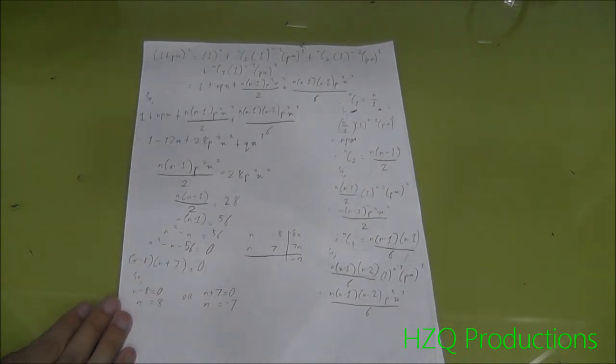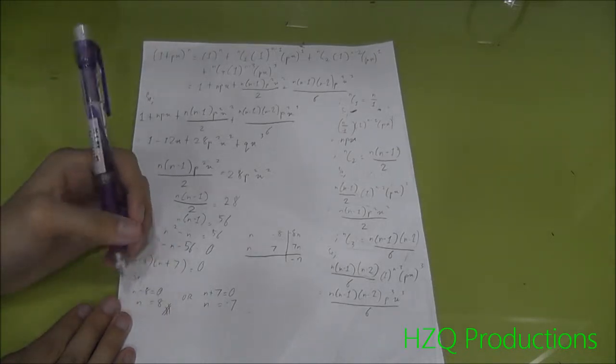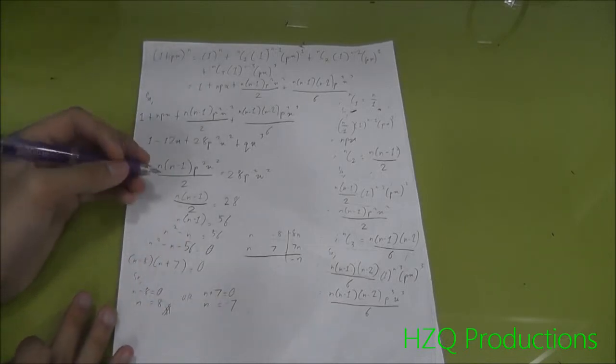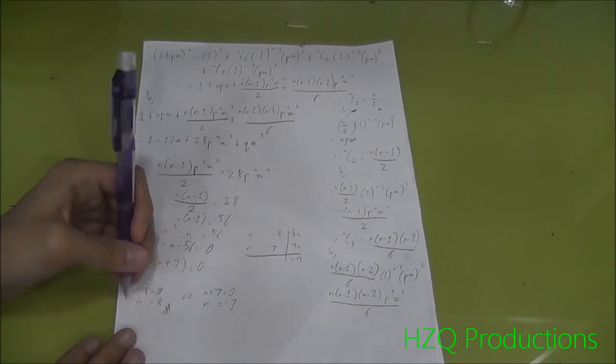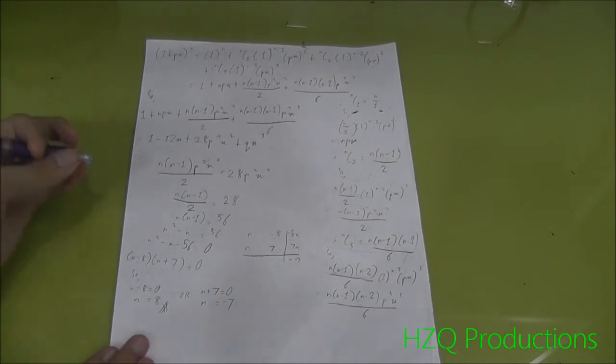Now, there are two answers here. However, you don't want to use the negative answer for n. So you want to use 8. So 8 is the answer for the value of n that the question is asking for.